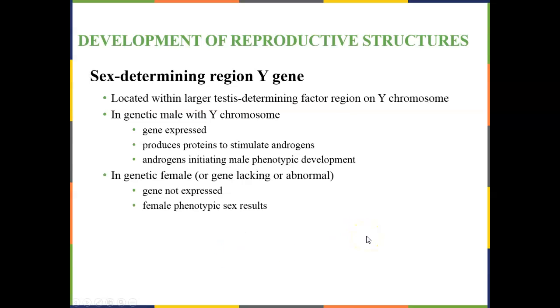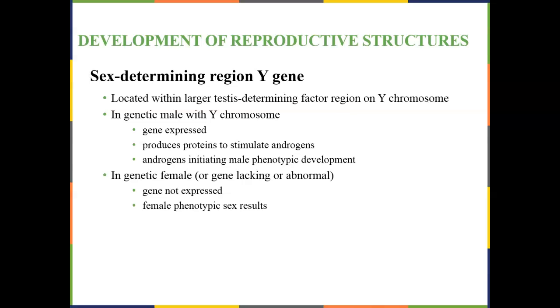So, sex determining regions. I told you that sex determination occurs at fertilization, but it doesn't start being expressed until about week 7, and you won't be able to identify it until closer to week 20 or 24. The sex determining region on the Y chromosome contains a gene, the SRY gene.